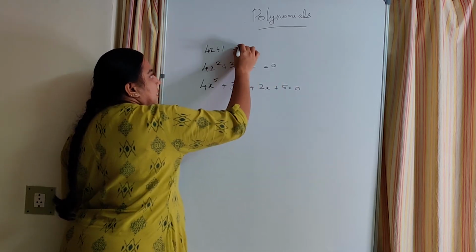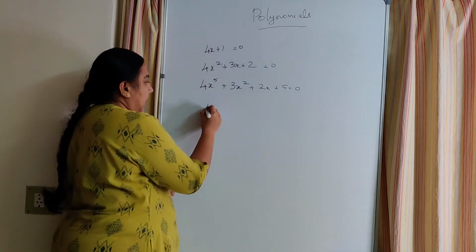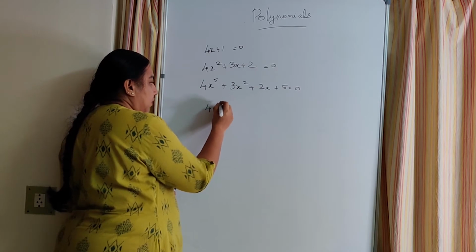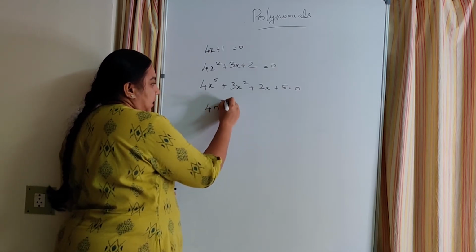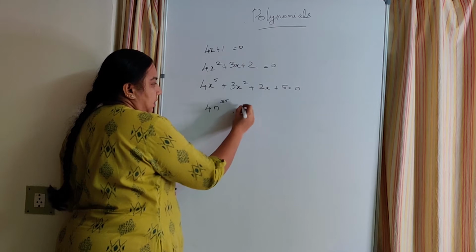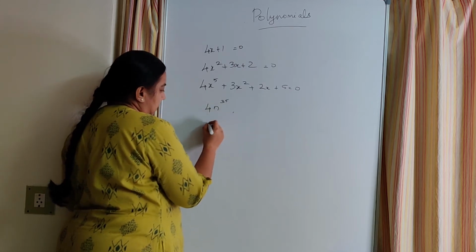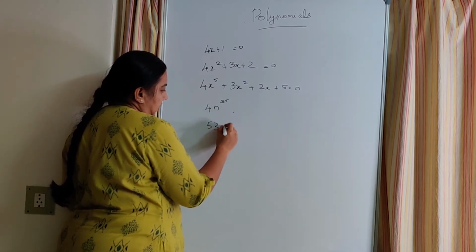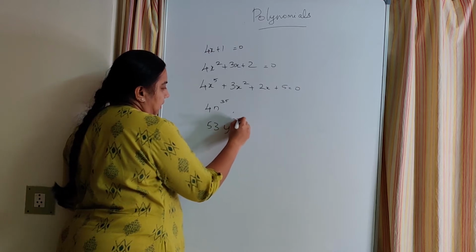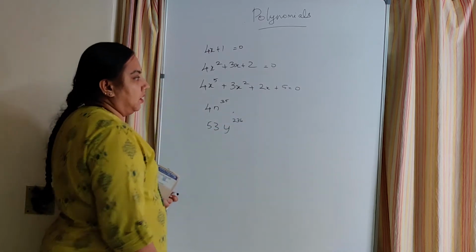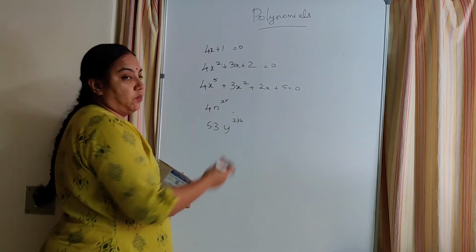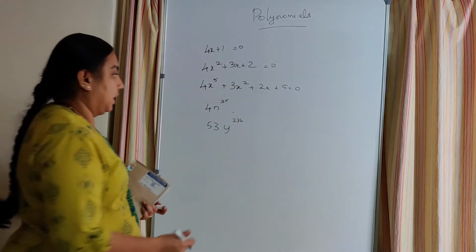All these are examples of a polynomial. It can have a degree of 50, 35, this is also a polynomial. 53 y power 236, this is also a polynomial.